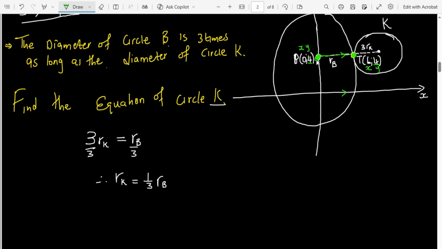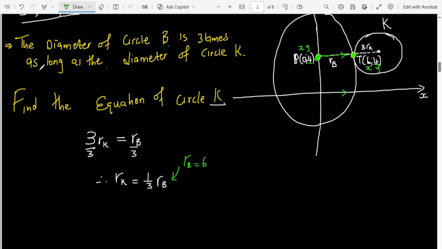Since they are parallel, both have the same Y value. This tells you that the distance from B to T is 6 units. That is the radius, 6 units since it's a horizontal line. So where there's RB, we can substitute the radius as 6 units. The radius of B is equal to 6.